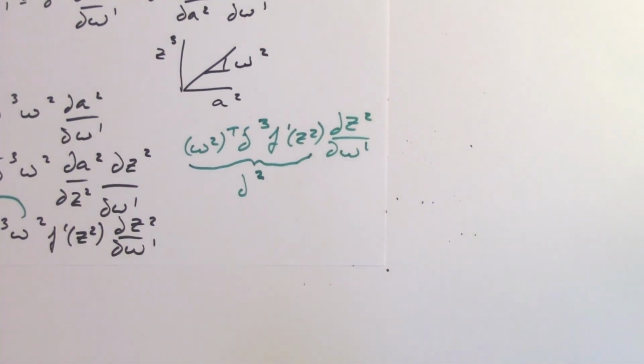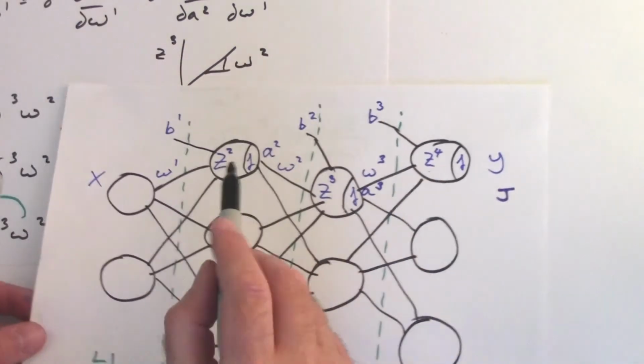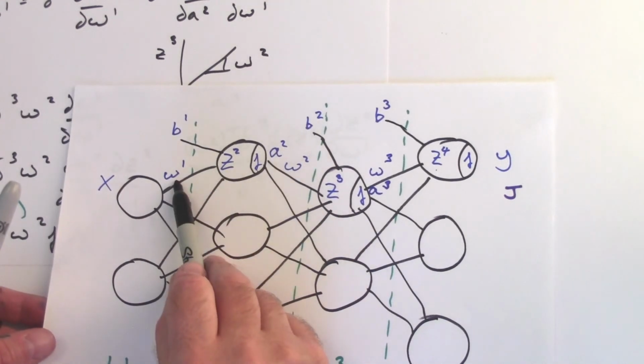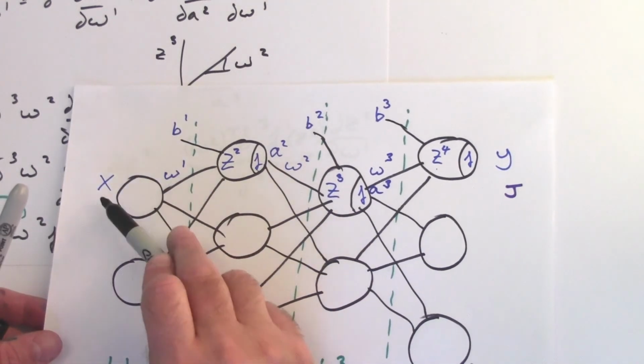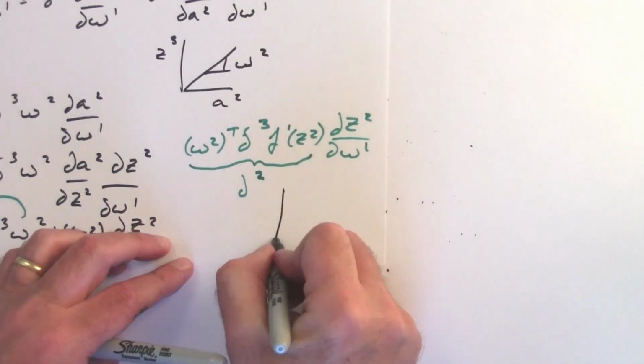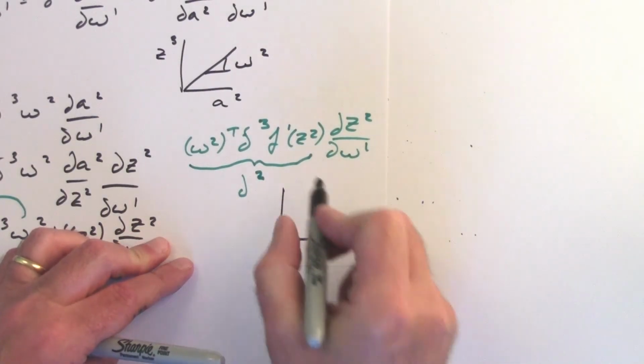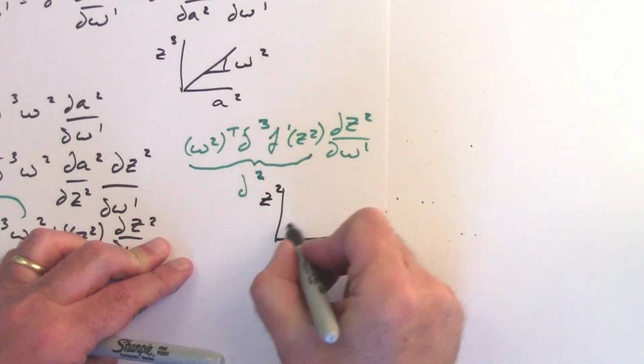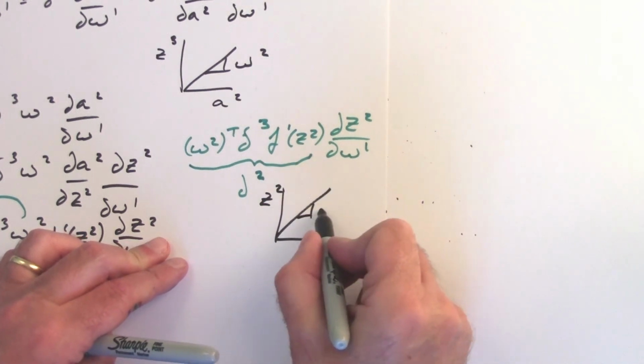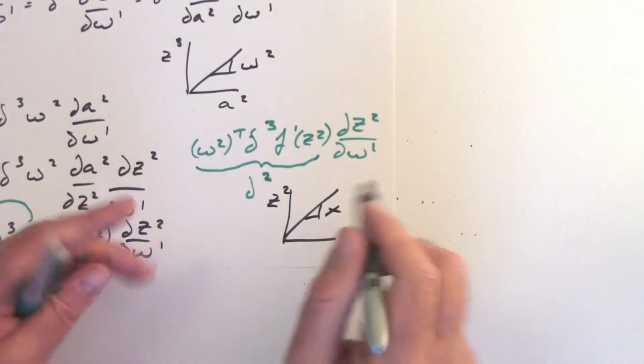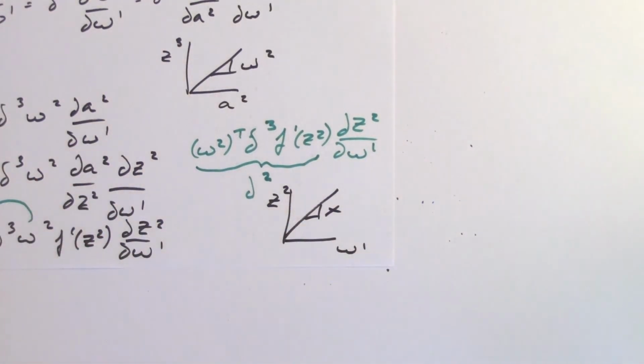So the last thing to look at is what is dZ2 by dW1, and it's really just x. So if you looked at this as W1 and Z2 here, it's just the input x as the gradient here. So we're almost done.